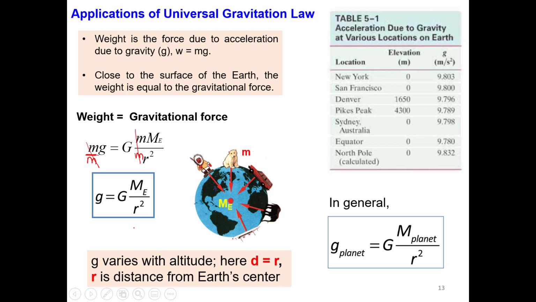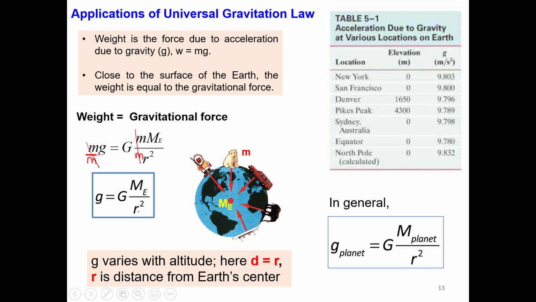Now we can see here, we can extend this equation to calculate, using the same equation, the acceleration of gravity at any distance, yes? Because here we see g basically depends on the distance.